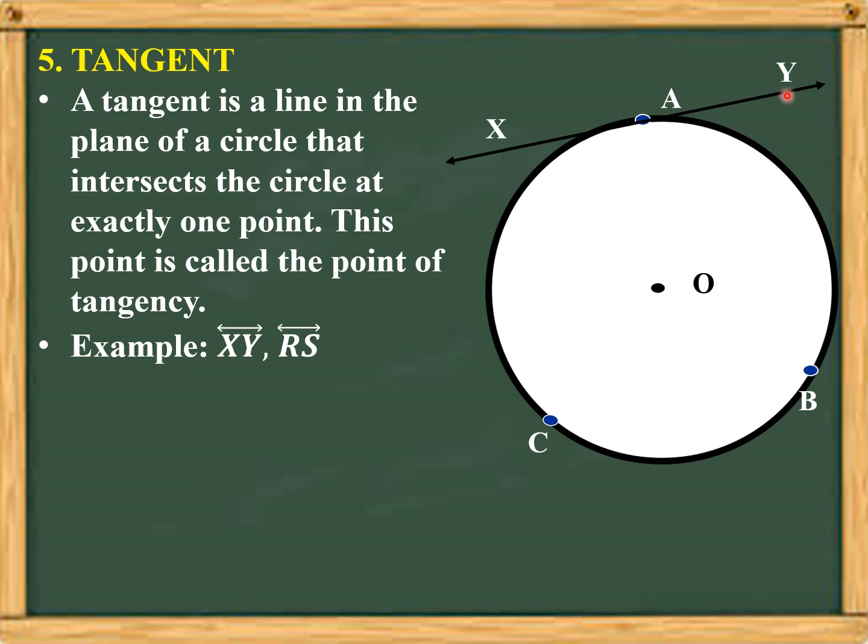So, line XY na merong point of tangency which is point A. So, another, this one, our tangent here is line RS. Why? Kasi our point of tangency is point C. So, our example, we have line XY and line RS.